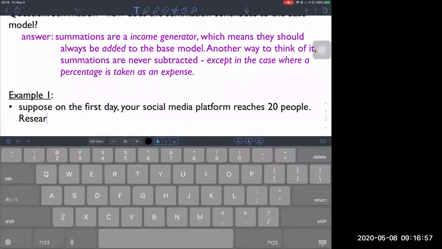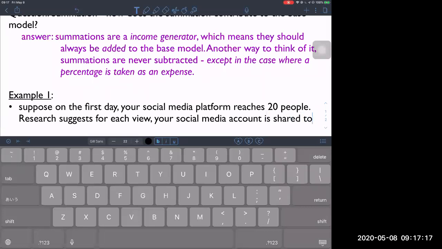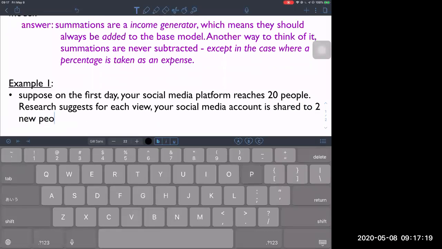My research suggests for each view, the social media account is shared to 2 new people the following day, and so forth.